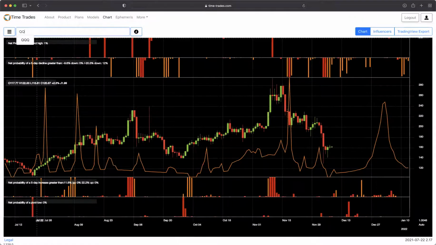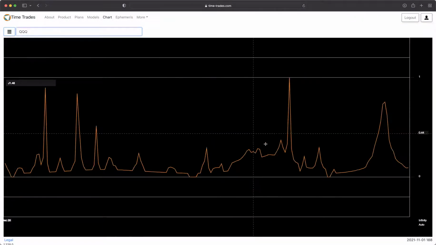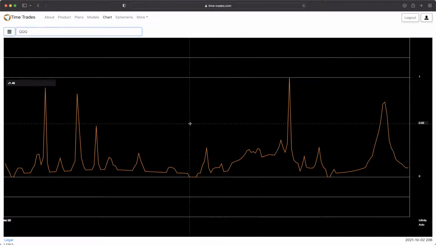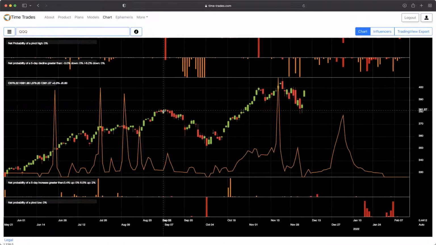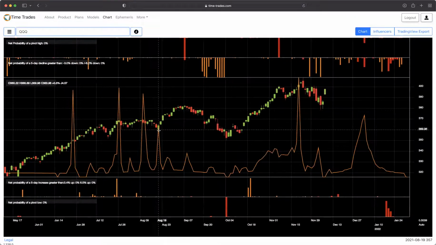So for one example, let's take a look at the Qs, QQQ here. The Qs do tend to react a little bit better to these juice spikes. You can see here's a great example, August 19th, price declined into it. We got a juice spike and then price moved up quite strongly afterwards.